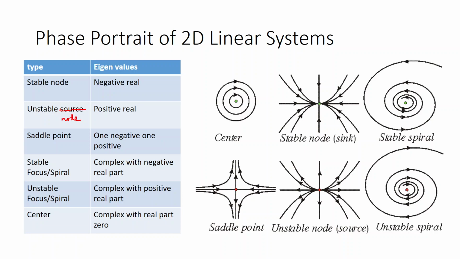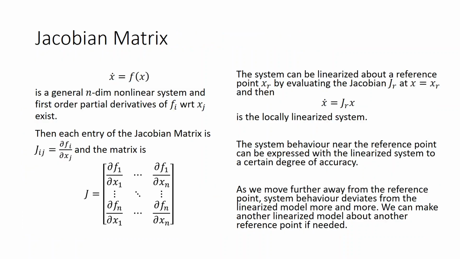So normally what happens, we will linearize the system, and once we linearize the system we can readily understand what type of equilibrium point we will have, and that understanding you can extrapolate to nonlinear systems in certain cases. So that is what we need to keep in mind, and that is what we are studying now.